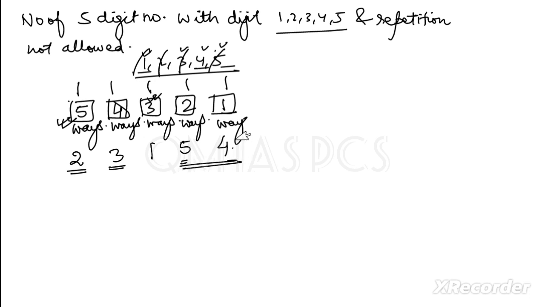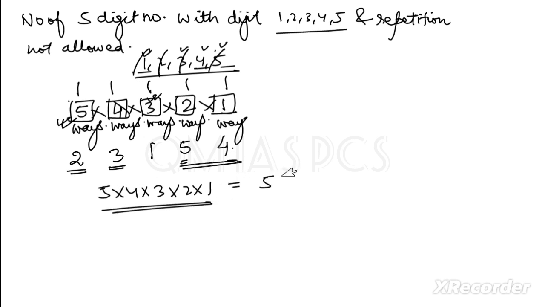So the total number of ways will be 5 ways, 4 ways, 3 ways, 2 ways, 1 way. We have to multiply all these numbers, 5 4 3 2 1. This is actually 5 factorial.